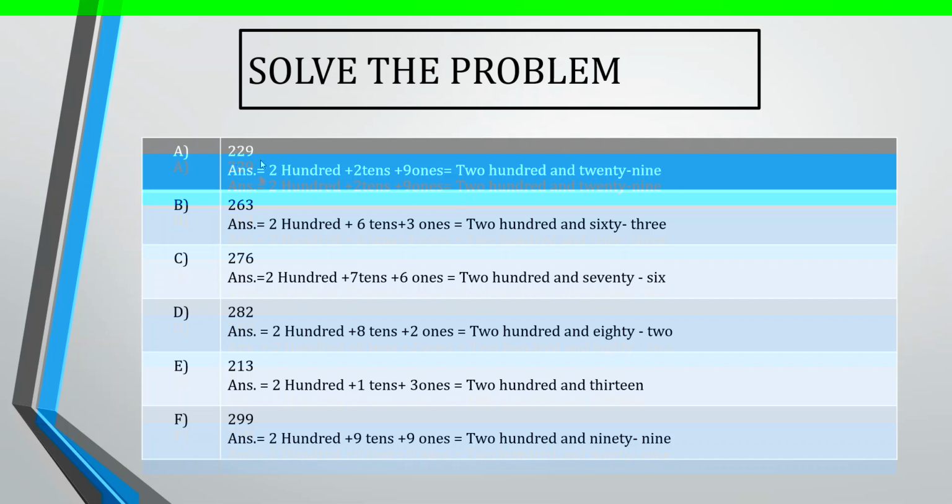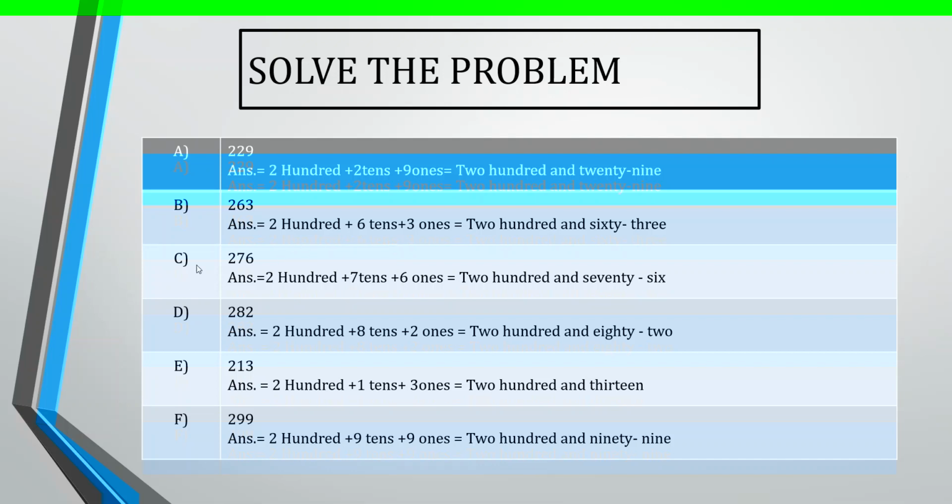The number 229 is distributed in the form of hundreds, tens and ones. Next column, question number B. Can you read anyone? The question B. 263. 200 plus 6 tens plus 3 ones equal to what is the value of 263. Yes, this is the value of the number 263.